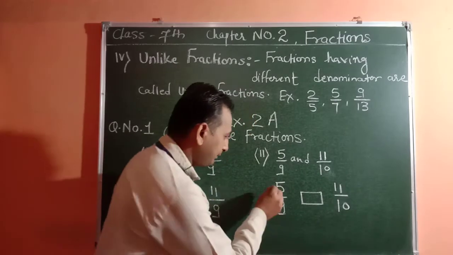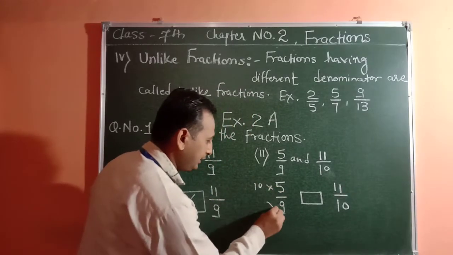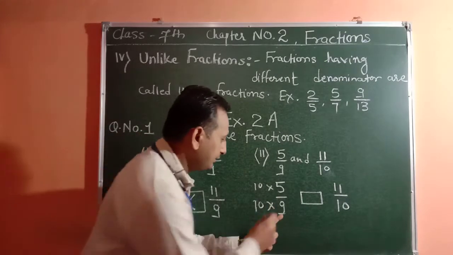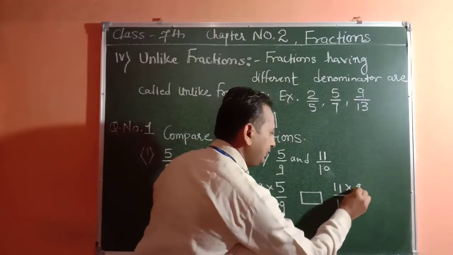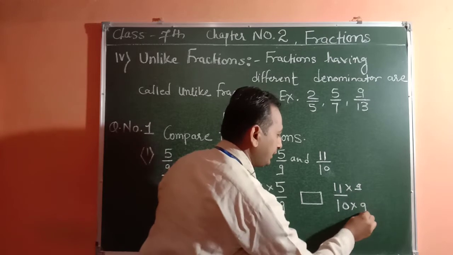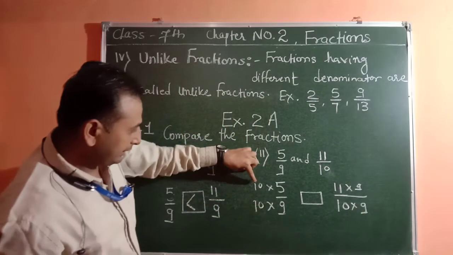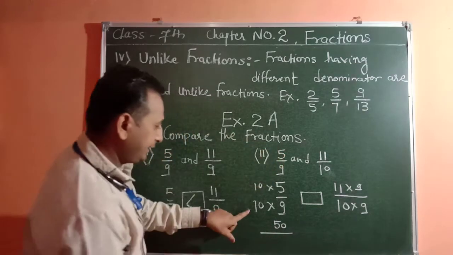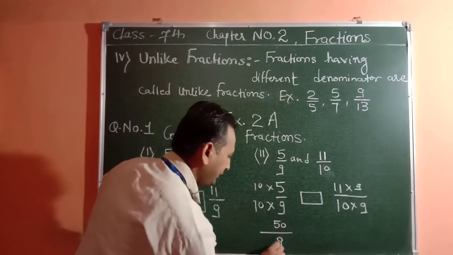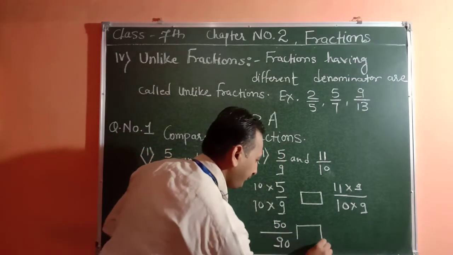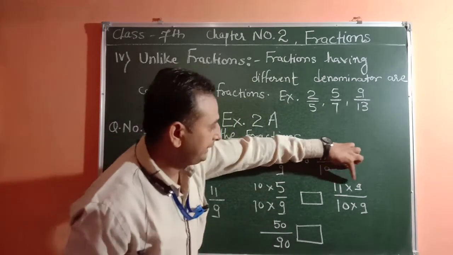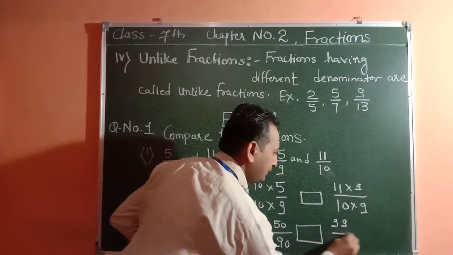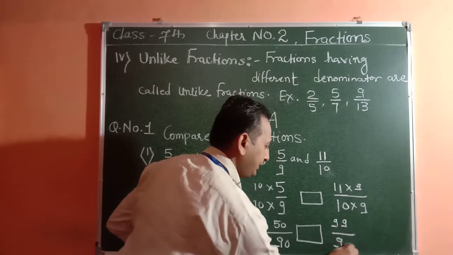Multiply here by 10 and here also by 10, and 9 multiplied here by 9, here also 9. 10 into 5 is 50. 10 into 9 is 90. 11 into 9 is 99. 10 into 9 is 90.